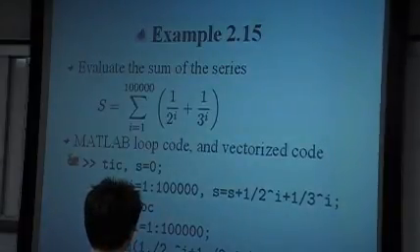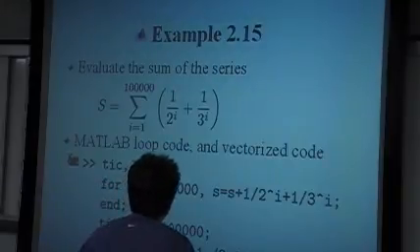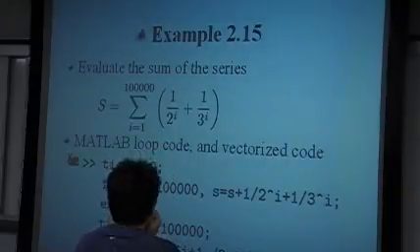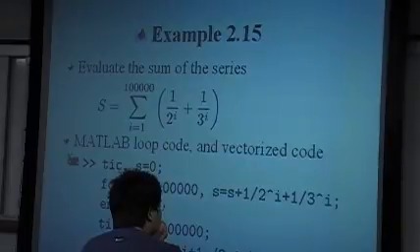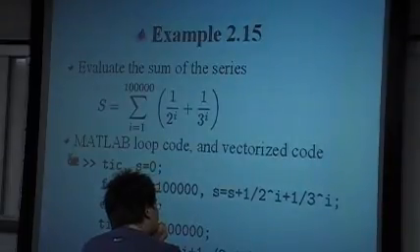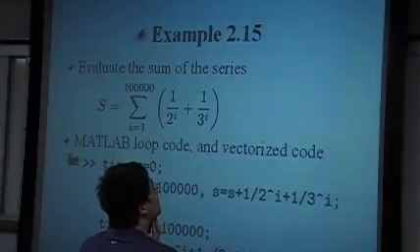It is also a vector. It contains 2 to the power 1, 2 to the power 2, and so on. It is also a vector. And what is this?